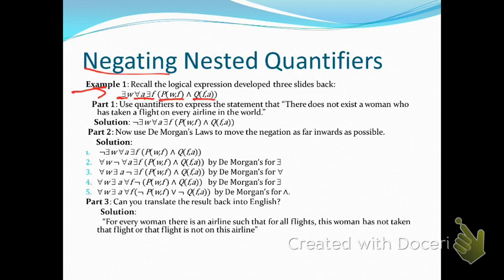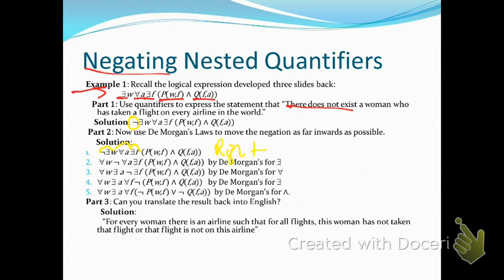What if we want to negate this statement? There does not exist a woman who has taken a flight on every airline in the world. How do we negate this statement? We do exactly that: we put a not in front of the statement. But if we remember De Morgan's law, our goal is to keep bringing this negation in, and we always want to take the negation as far as possible to the right.